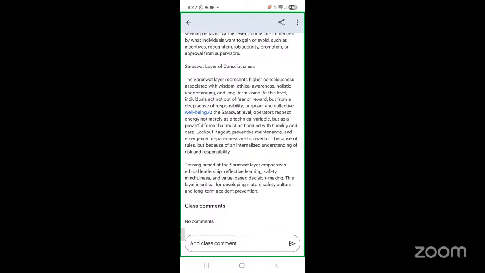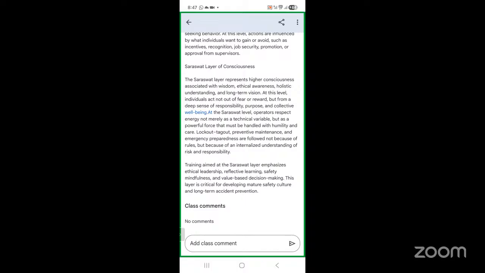They internalize the safety procedure. So you have the HIRA: "I have to follow the HIRA," that is the Murto layer. "I like the HIRA," that is the Rag layer.